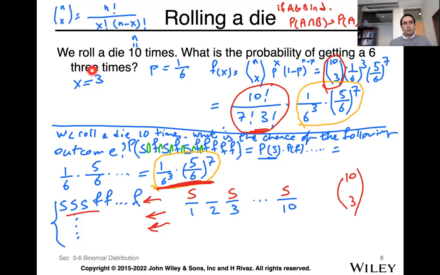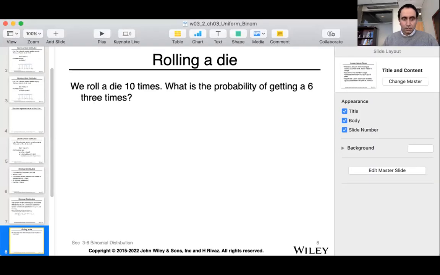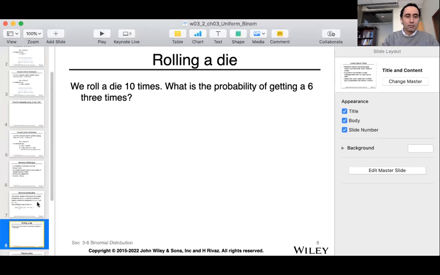So we have a total of 10 trials. We want to have 3 successes. We want to find out the probability of that. So we can think of this as like 10 different permutations, or like you can have 10 different sequences.